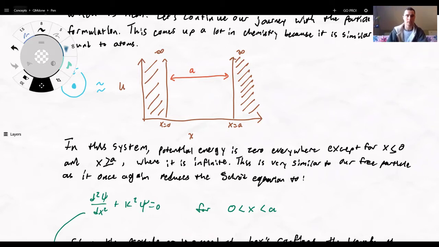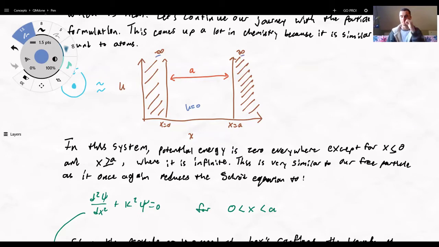So this is what our system kind of looks like. I've got a picture of it here. Within this box, potential energy is 0, and outside of this box, potential energy is infinite. So you might be able to see now why we started with a free particle, even though we weren't that interested in it, because inside this box, where U is equal to 0, the equation should still work for the free particle because there's no potential energy.